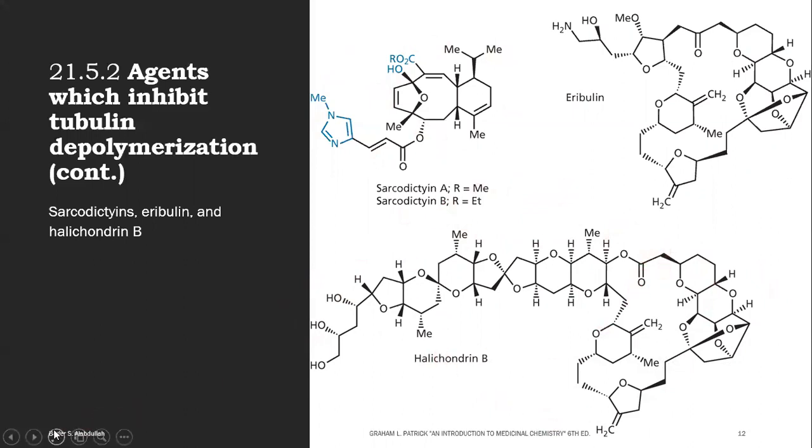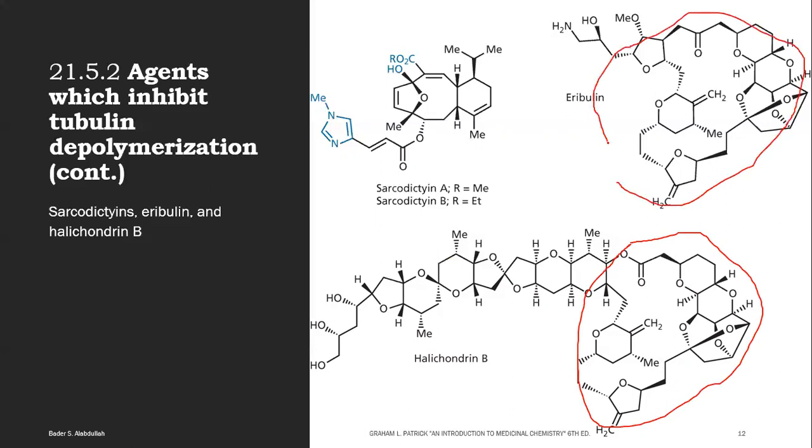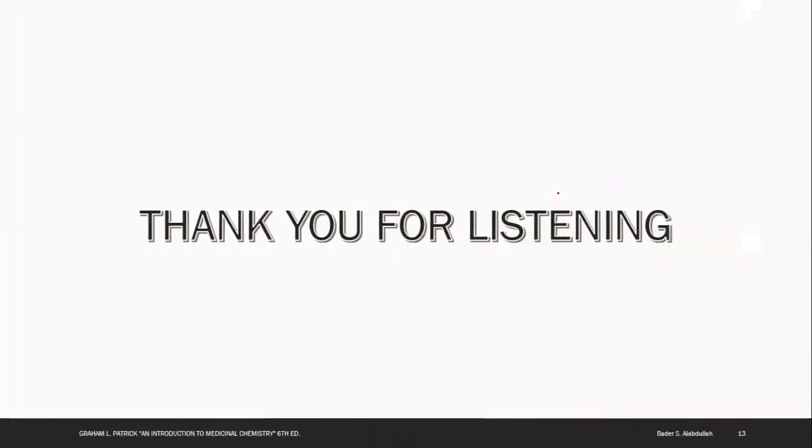They made an analog of that. They just took this group because they found that this group is important for activity. So they took this group, modified it, and make this synthetic analog. And now the eribulin is approved as anti-cancer agents in the United States, Japan, and Europe.